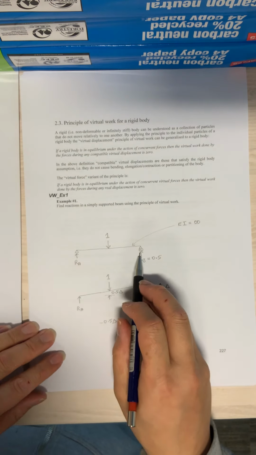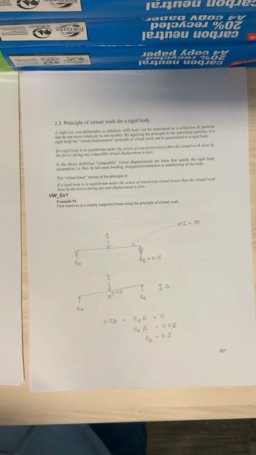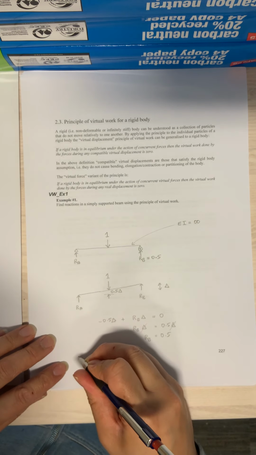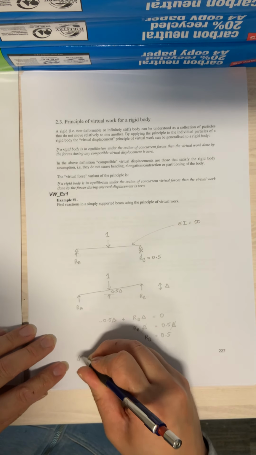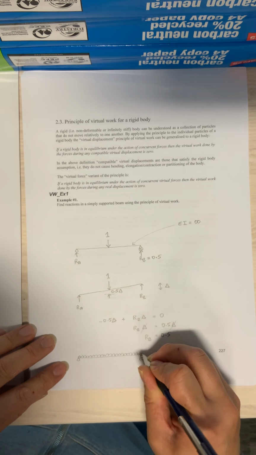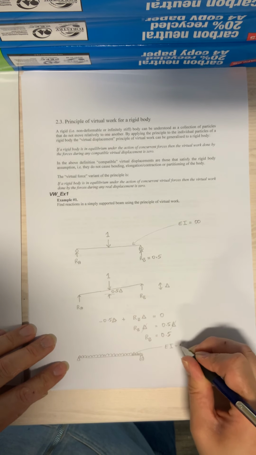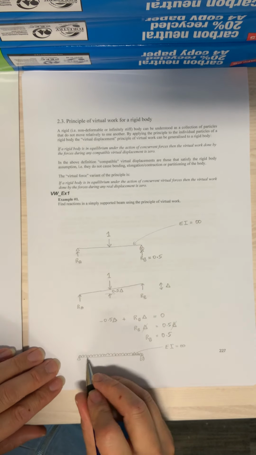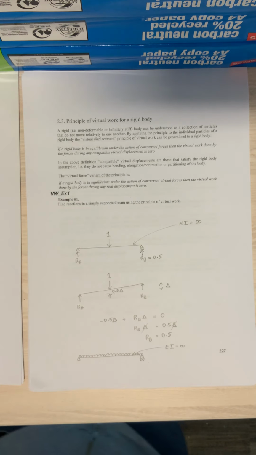And you can do exactly the same thing, and you can work out what RA is. So in the video tutorial Puya probably covers this case as well, under a UDL, where EI is equal to infinity, and using the principle of virtual work for a rigid body, he's probably able to show what these reactions are.